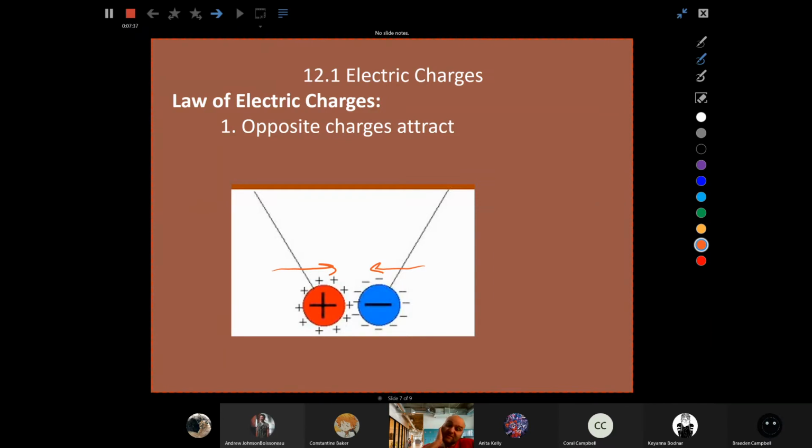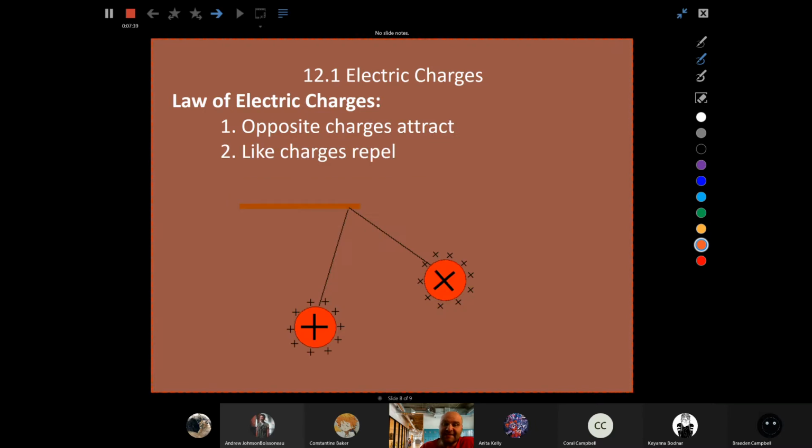Okay, so opposite charges attract, and that means that like charges repel. So again, you might want to include some arrows, these things flying apart from each other.